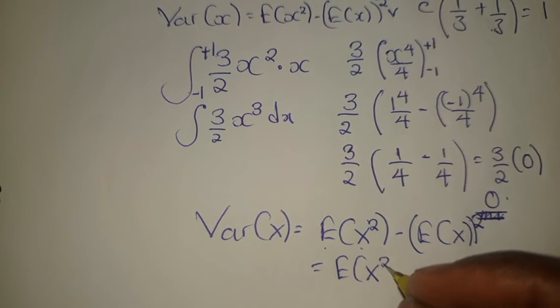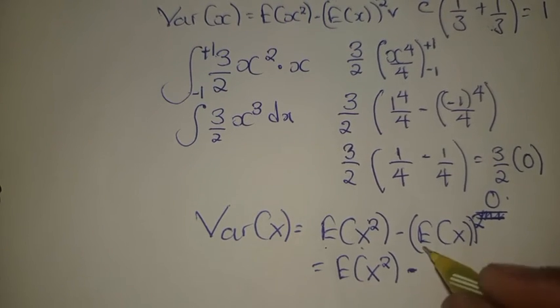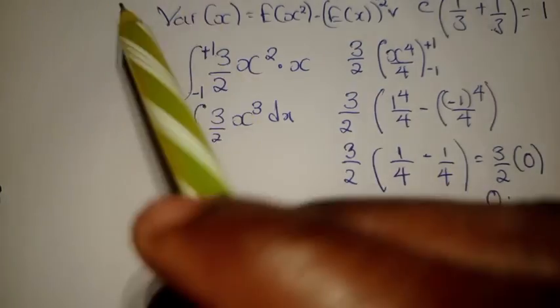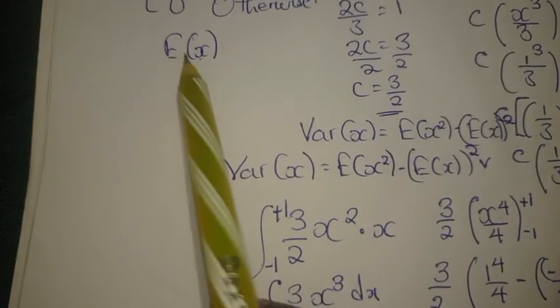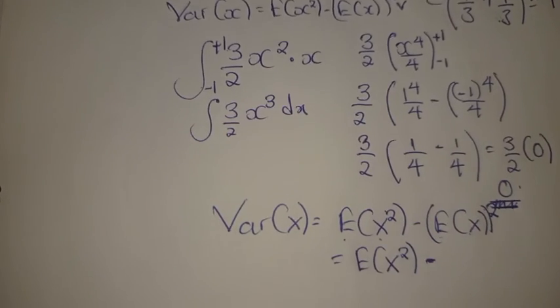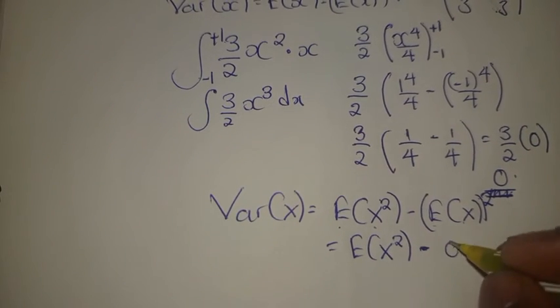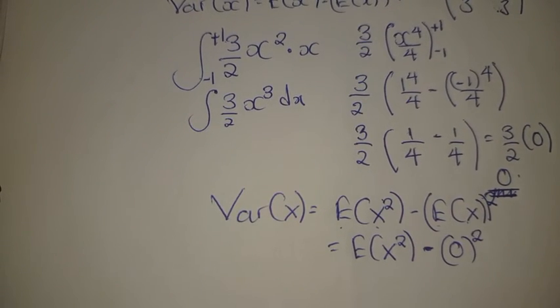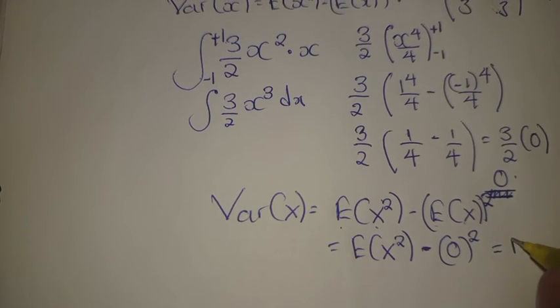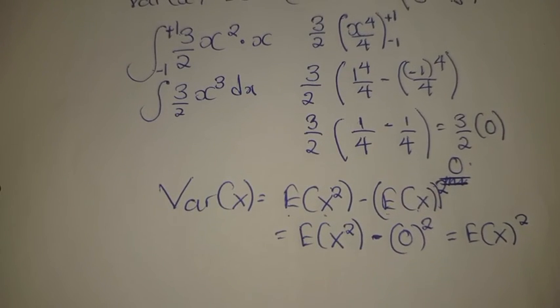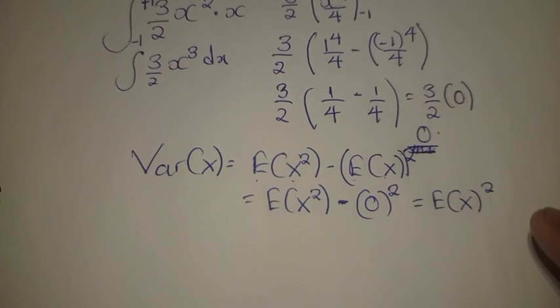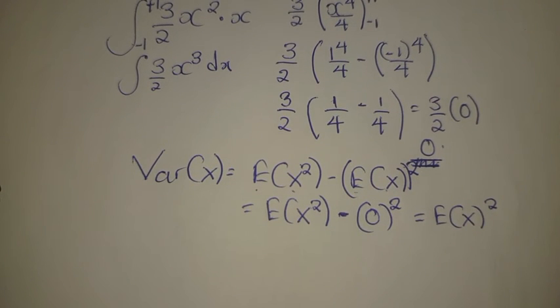The expected value of x is just the one we calculated on top, which we said is the mean. So this one is already a 0, and any number subtracted by a 0 is still that number. So we are just dealing with this expression. So let us now handle this expression.